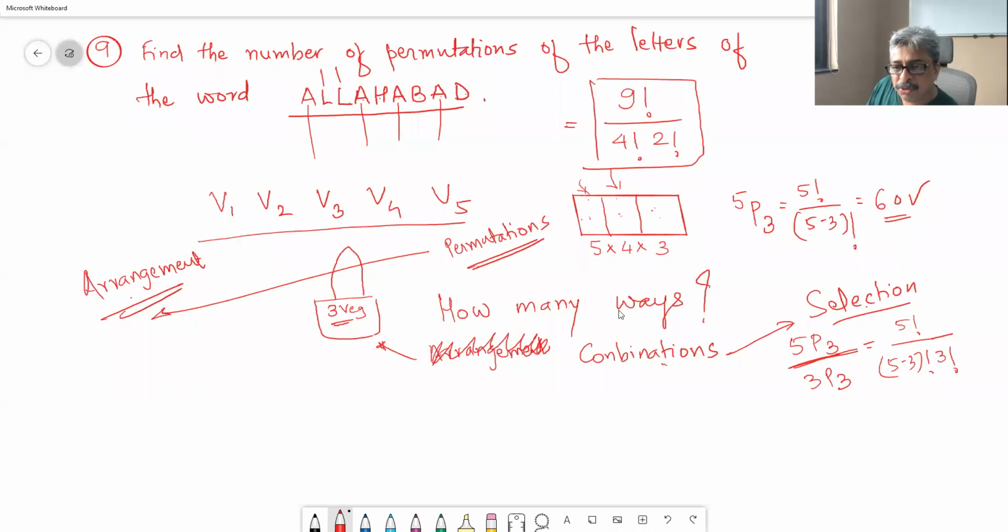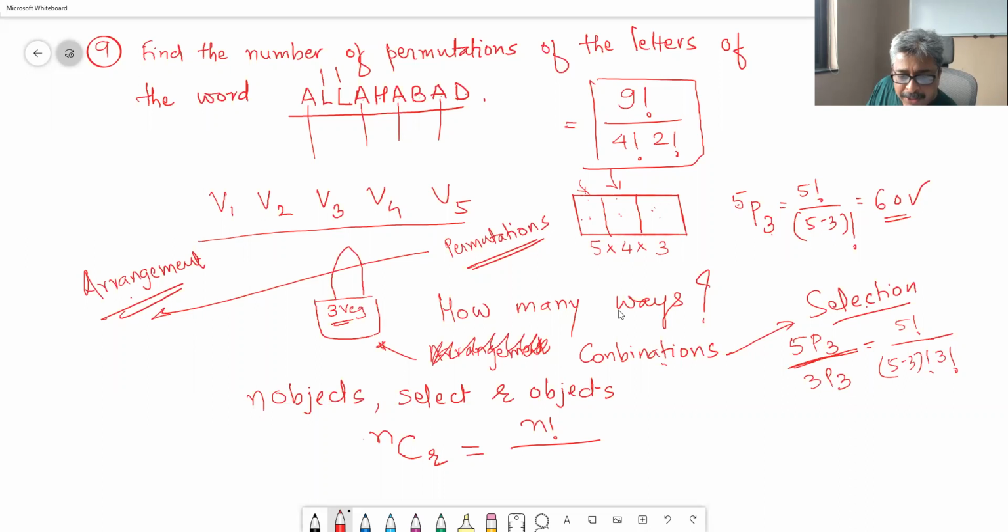Let us write down the formula for this. If there are n objects and you are supposed to select r objects out of n, then n choose r should be the answer. Here it was n permute r, which is n factorial divided by n minus r factorial.